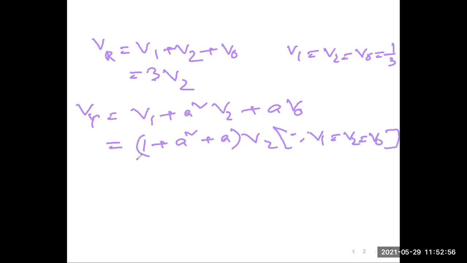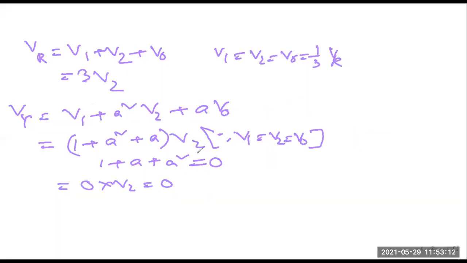Now we know that 1 plus A square plus A is equal to 0. So 0 into V2 is equal to 0. Is it clear now?